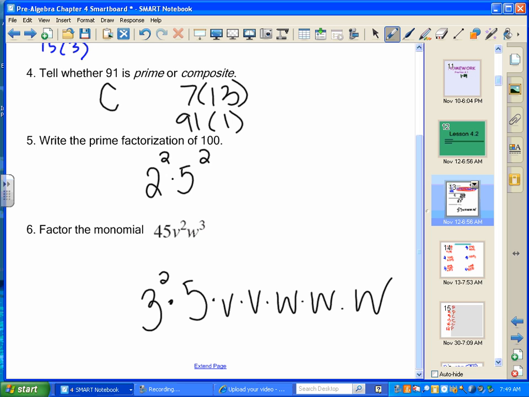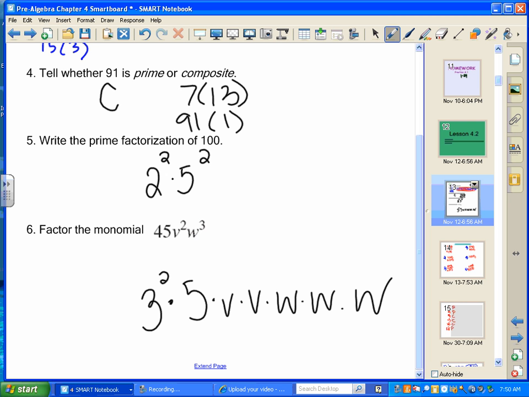Awesome. Emma M. You can, but remember yesterday, I prefer if you have it in exponential form, but it's okay like that. Jeremy? Remember from yesterday, we talked about variables should just be written out, but if you keep them in exponential form, I'm okay with it.